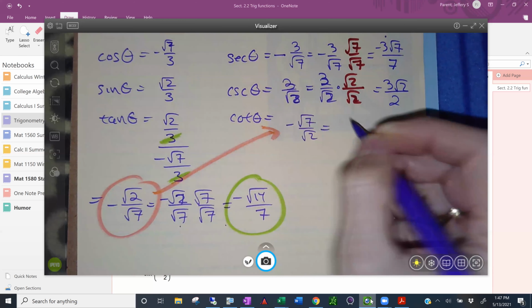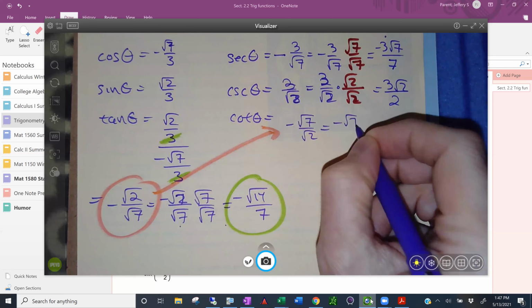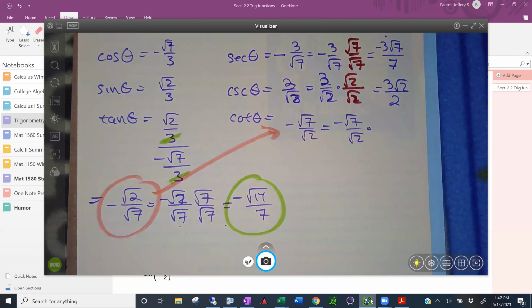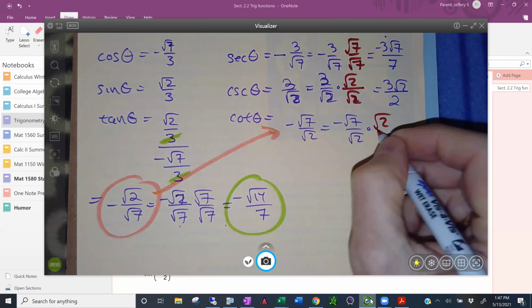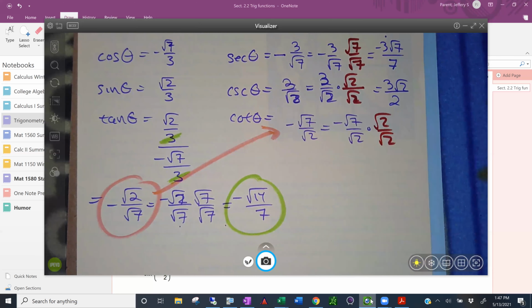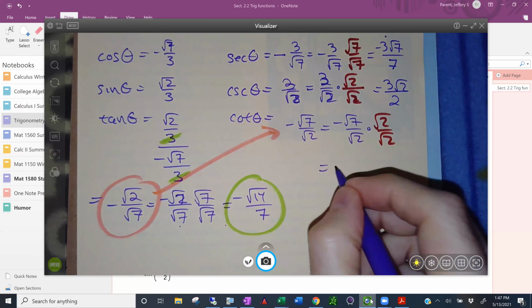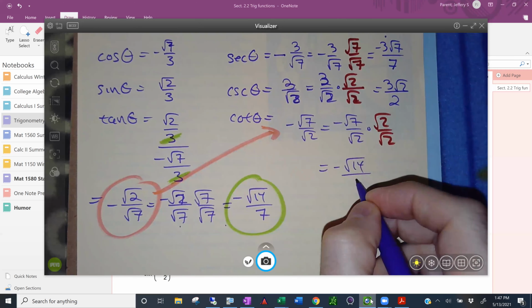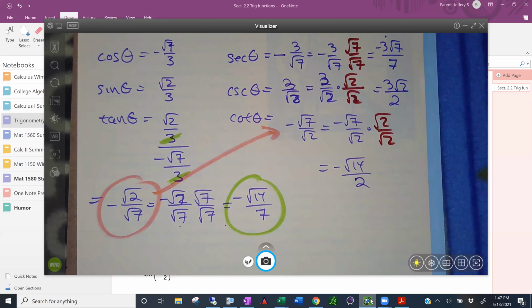And now I'll rationalize that same way as we did before. This time we'll multiply by square root of 2 over square root of 2. Ray, you seem like you're getting really good at that. Thank you. Negative square root of 14 over the square root of 4. The square root of 4 is just 2. There you go. So a good one there. I like it.